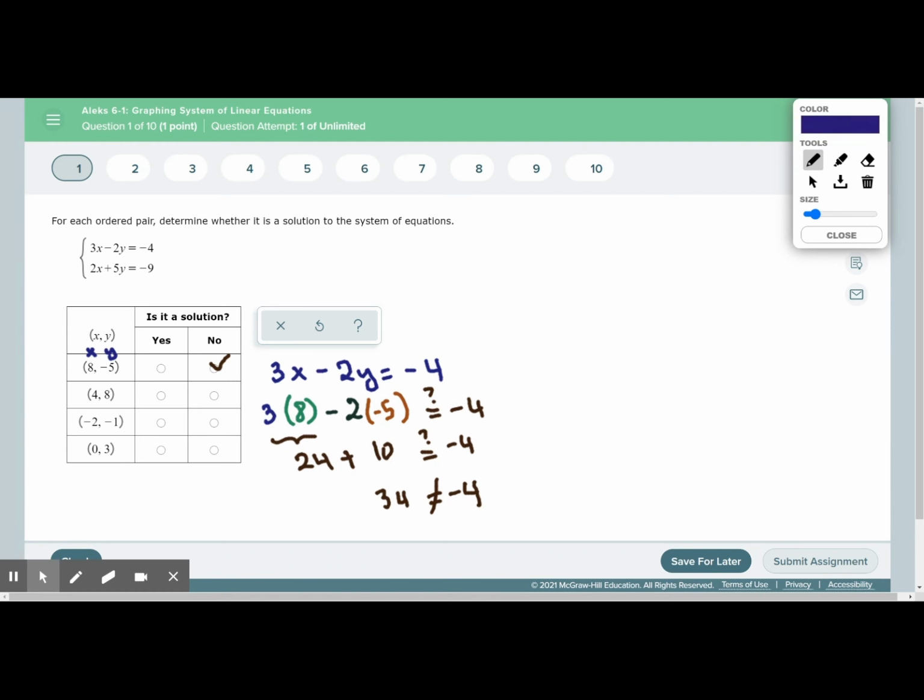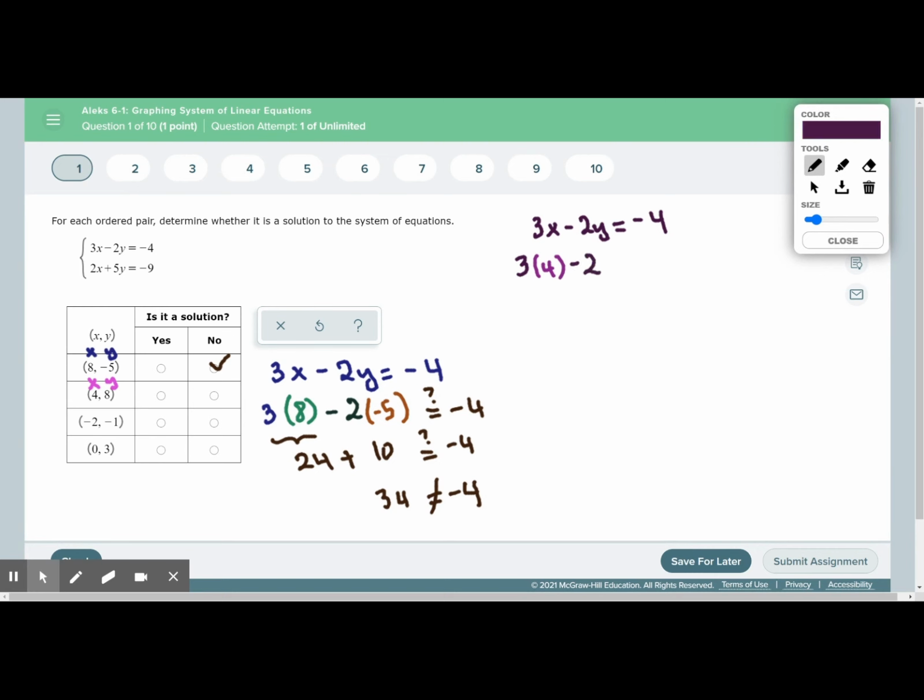All right, so now we're going to look at the next point, 4 and 8. So x is 4 and y is 8. Same thing, we're going to use the first equation, 3x minus 2y equal to -4. So that will be 3 times 4 minus 2 times 8.